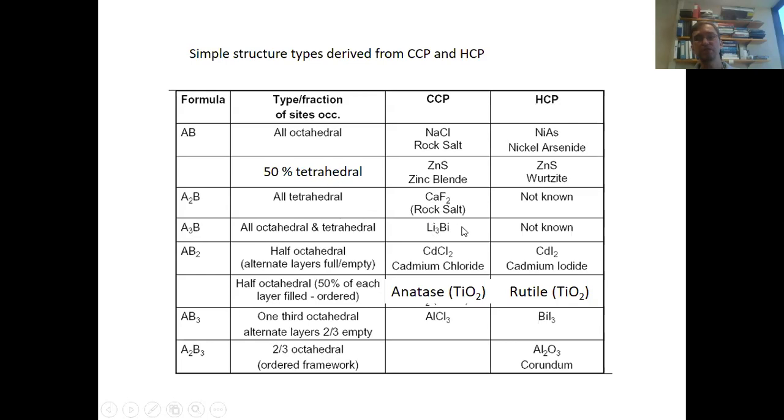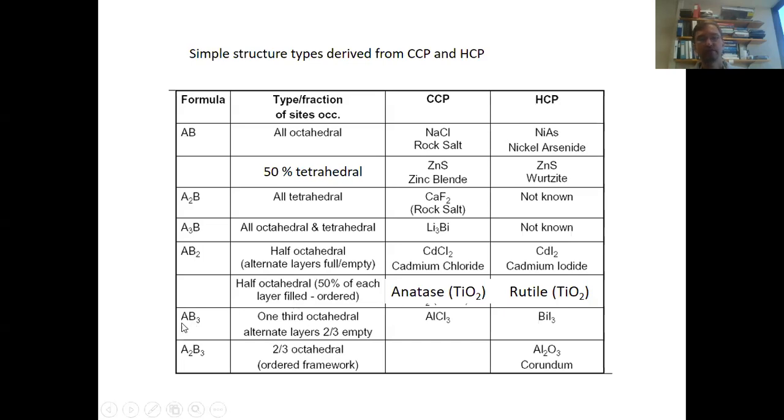In the CCP, this is possible, and one compound that does that is the lithium bismuthide. In the hexagonal case, this is again not possible because we cannot fill all tetrahedral holes because of the face sharing nature of some of the tetrahedral holes.